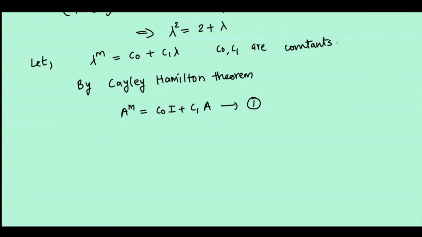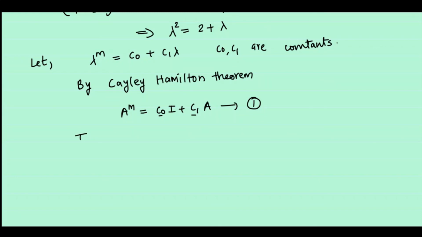So if you put m equal to 2, we will get the value of A square. If you put m equal to 3, we will get A cube. Like that, in this formula, if you give any positive integer value to m, we can compute that power of A. But the problem is with C0 and C1, we should know what the values of C0 and C1 are.